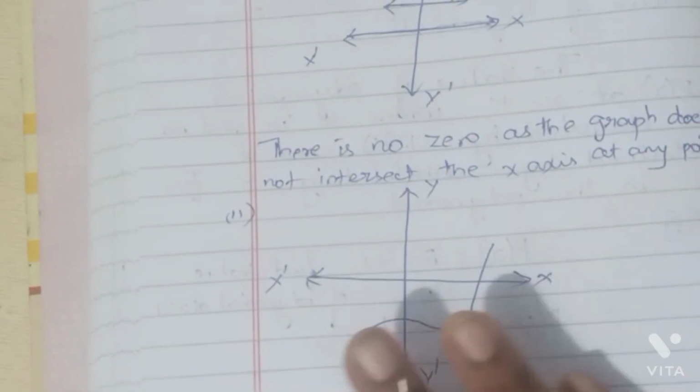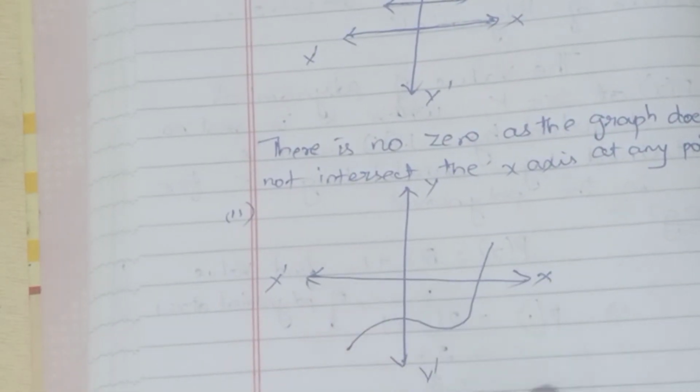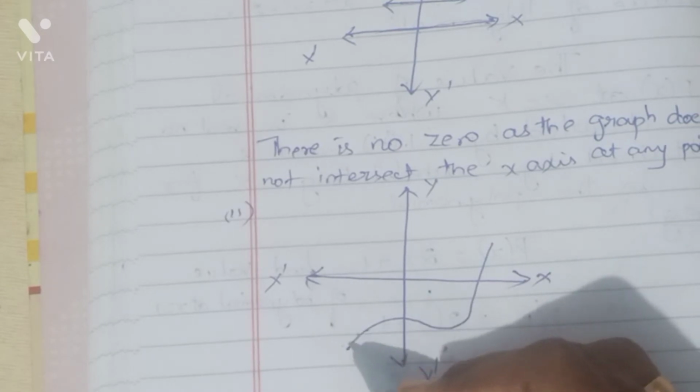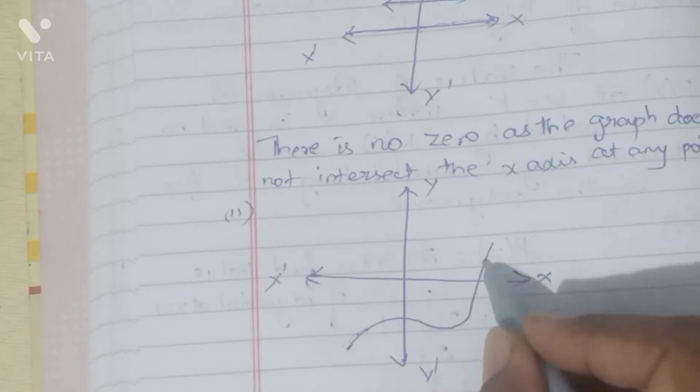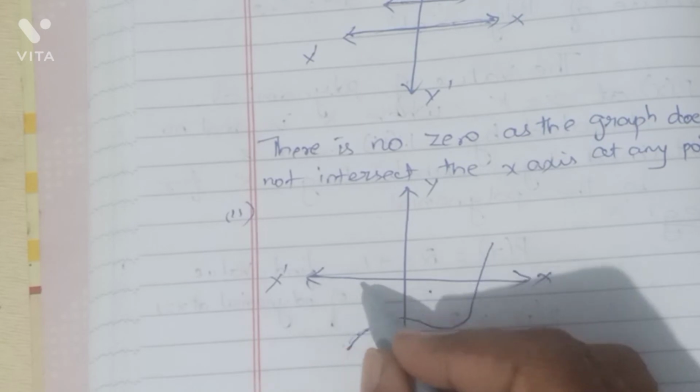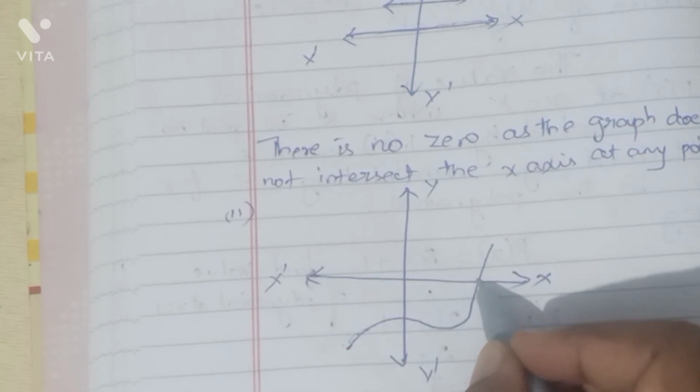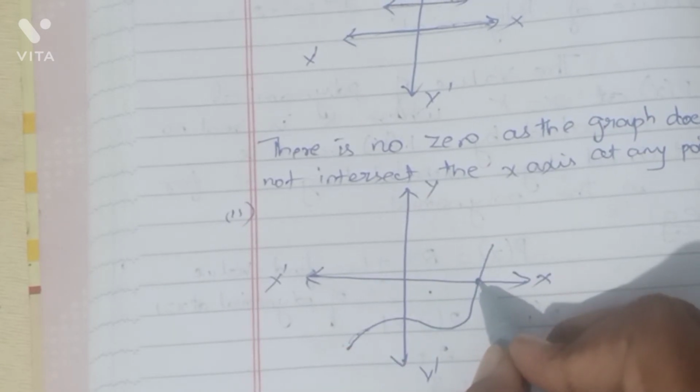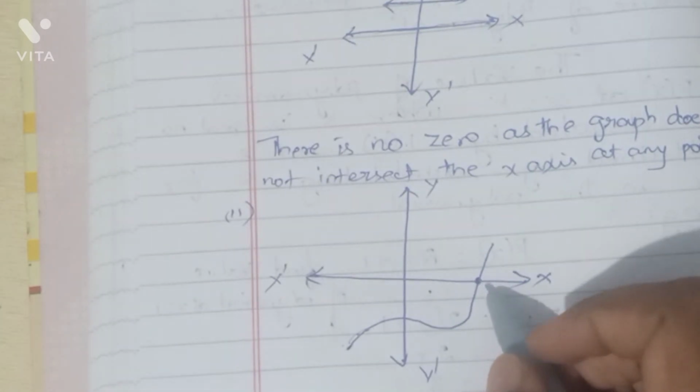Now consider the second graph. So here in the second graph, this curve touches the x-axis. Where is the x-axis? This is the x-axis. So it touches at one point. So how many zeros are there?